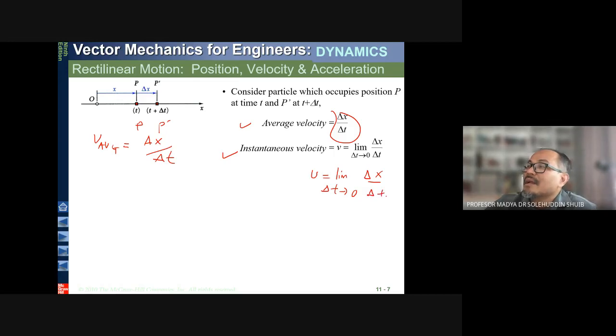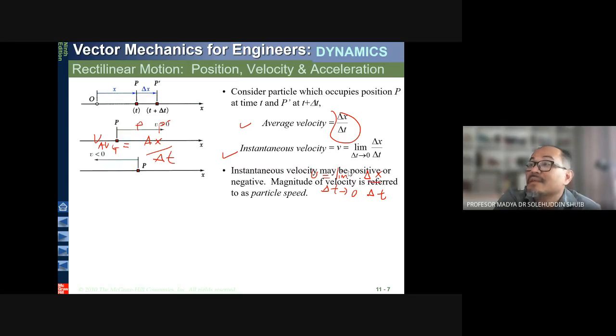Basically delta x over delta t is the fundamental of differentiation. Another thing that I would like to mention here also is about the concept of instantaneous velocity. The instantaneous velocity can be positive or can be negative. Okay, instantaneous velocity can be positive or can be negative.